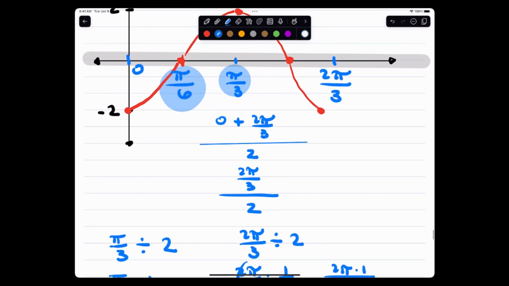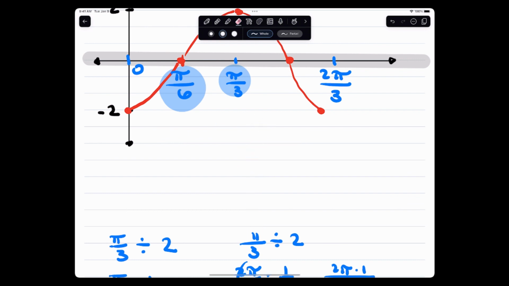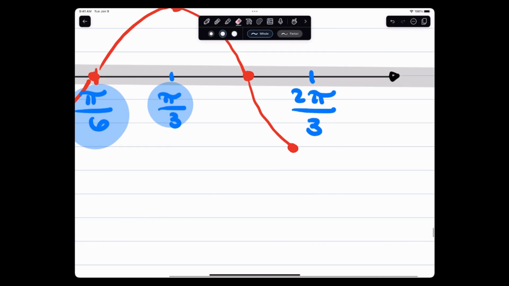Okay, what about the next one over here? What do you get here? All right, pi over 3 now, plus 2 pi over 3, is that right?